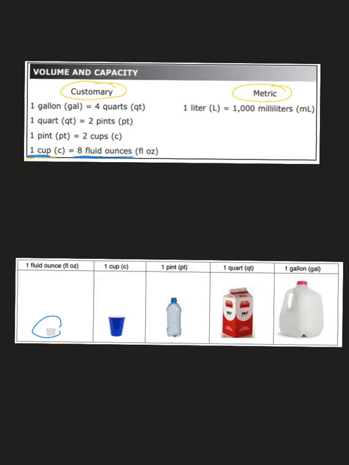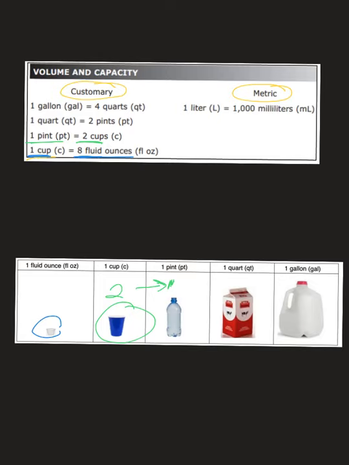Then we're going to move to bigger ones, which is going to be the 2 cups. 2 regular cups will give you 1 pint. And then our next one is going to be the quart.